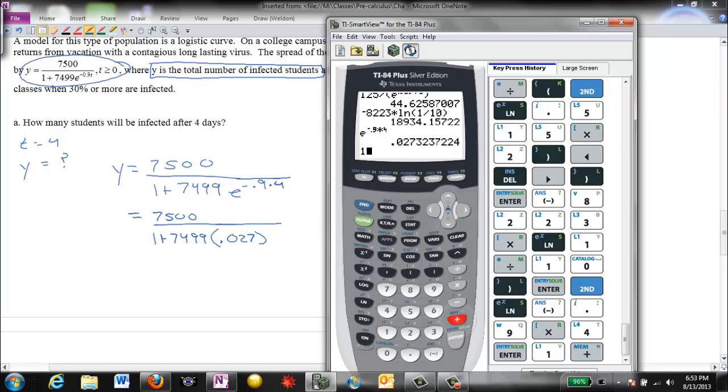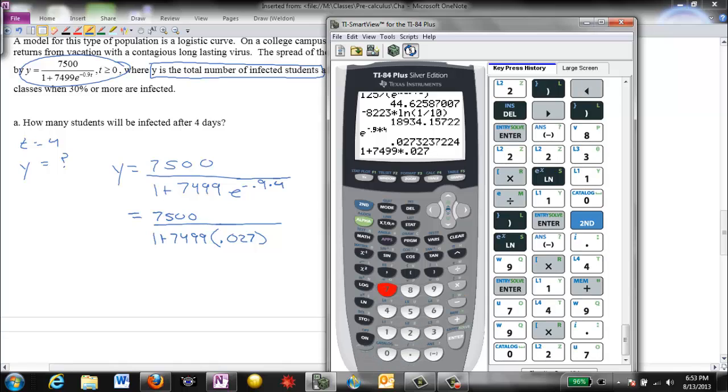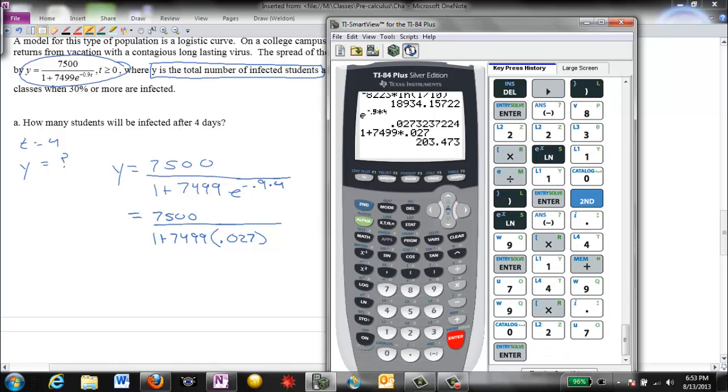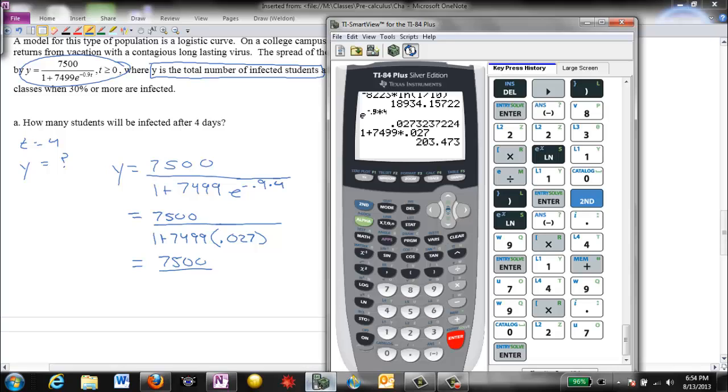So I have 1 plus 7,499 times 0.027. And I'm going to hit enter. And what we get in the denominator of our fraction here is 203.473. So I have 7,500 divided by 203.473.